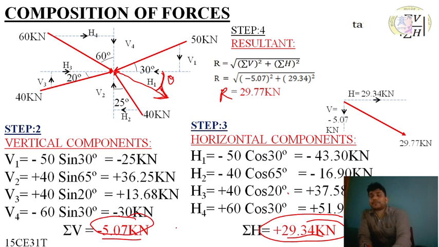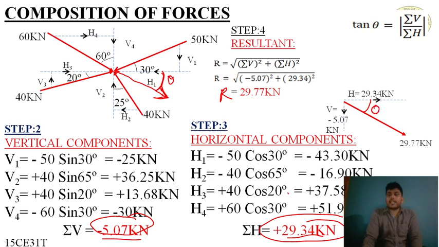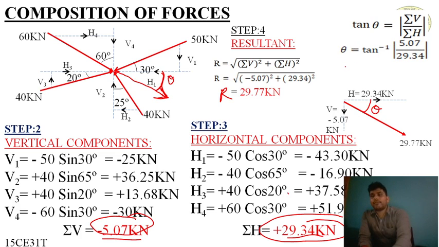Now for the direction, what is the angle theta? For that, tan theta is equal to sigma v by sigma h, where sigma v equals 5.07, taking the modulus, ignoring the positive and negative signs. 5.07 divided by 29.34, where theta will be 9.803, or nearly 9 degrees 48 minutes.